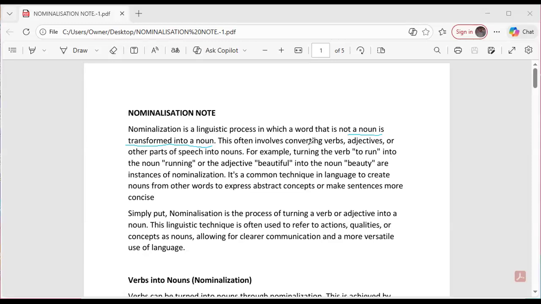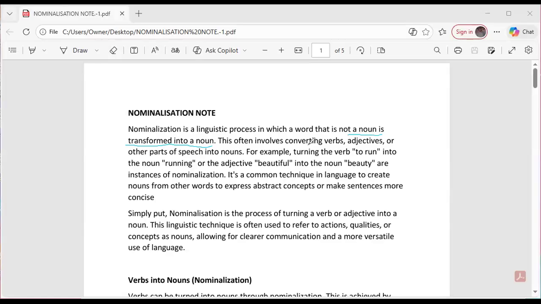So we have, it says, that it is a common technique in language to create nouns from other words to express abstract concepts or to make sentences more concise. So simply put, nominalization is a process of turning a verb or an adjective into a noun.